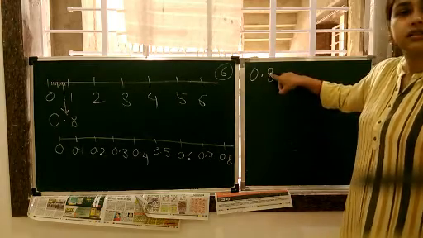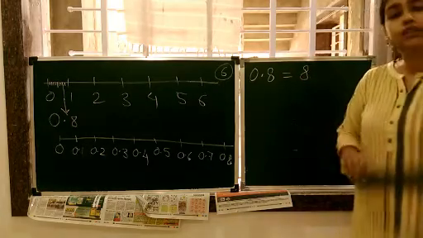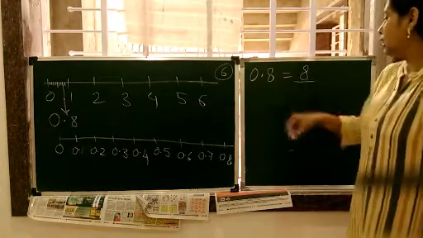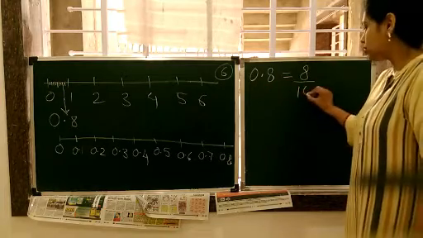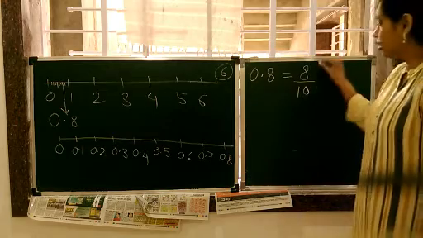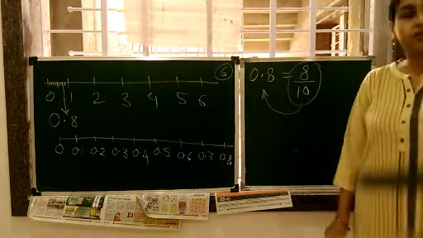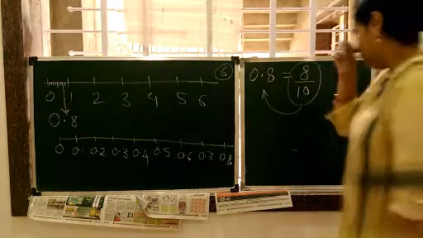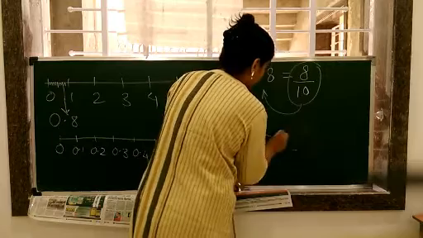This is 8, so 8 can be written as the numerator. Now, how many decimal places? 1 decimal place. So 10 in the denominator. So this is the fraction. Now can this be converted into decimal? Yes. 0.8. Similarly, if it is 8 by 100.